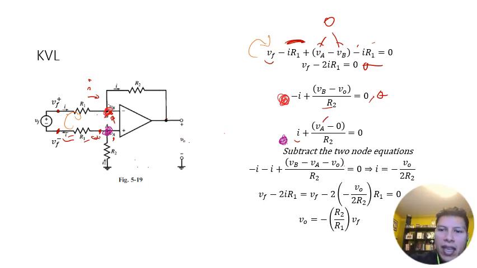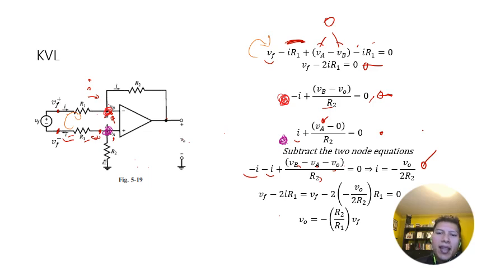But remember that VA is equal to VB, or I can also subtract this equation from this equation. So I'm going to get minus I, VB minus VA minus V out over R2. And then the VB minus VA cancel out. And then I end up with the same expression as in the previous slide, which is V out minus 2 over R2. So there are multiple ways to get this.